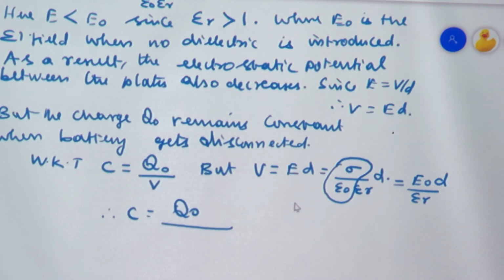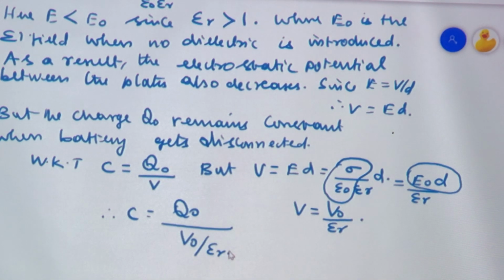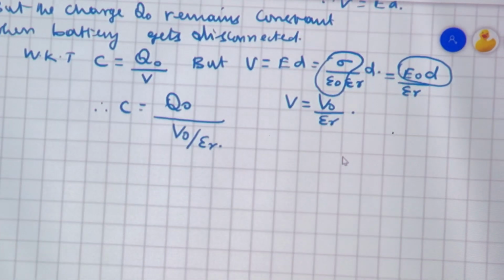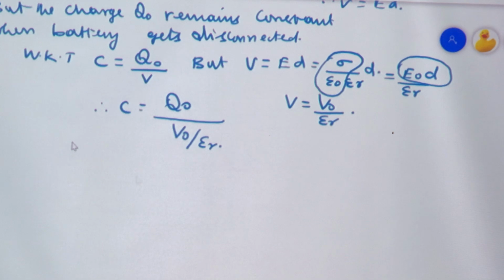How can I write this? This epsilon 0 into d can be written as V0 divided by epsilon r. So instead of V, I can substitute V0 by epsilon r. Now what will happen to epsilon r? This epsilon r can be taken to the numerator. Therefore, C is equal to Q0 divided by V0 into epsilon r.